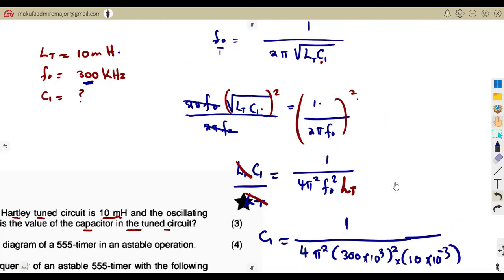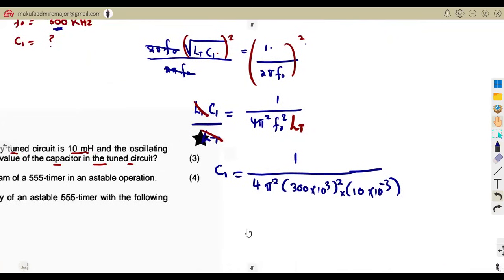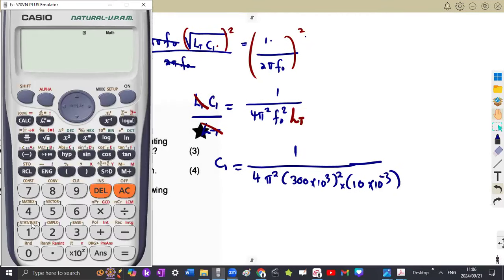It will depend on the values, because we understand that it's best to write capacitance in microfarad or picofarad. But it will be best for you to see the values you are obtaining on your calculator before you decide whether to convert to microfarad or picofarad. Remember, you have to multiply by the opposite of the conversion that you're going to make.